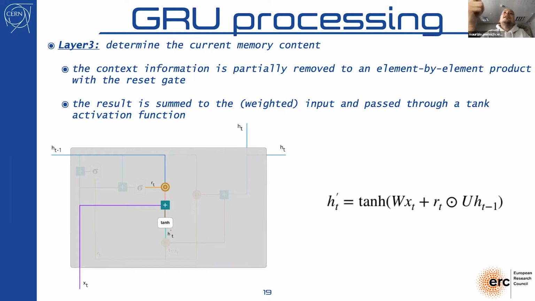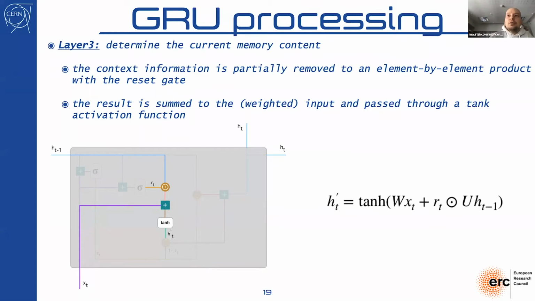R is somehow downplaying the importance of the memory content with respect to the input, because it's a number between 0 and 1, so it's reducing the importance of U times h.